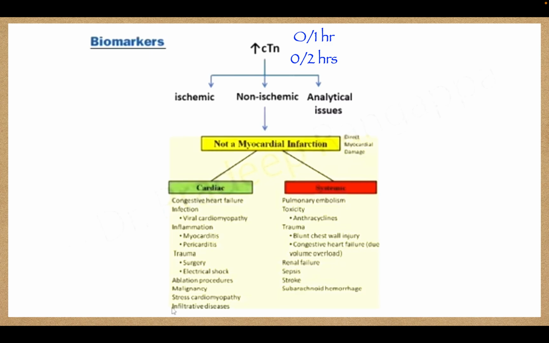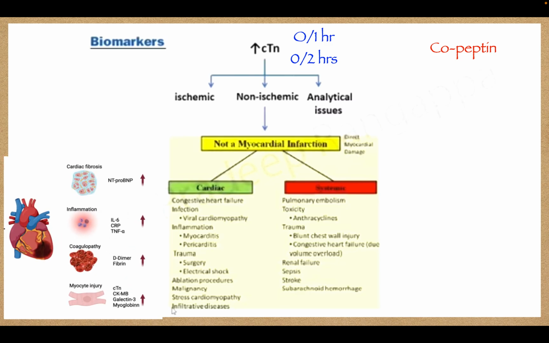Probably it holds true for any other medical condition that just one particular aspect of either investigation or diagnostic is not sufficient to diagnose a particular condition. There is another biomarker by the name of copeptin, which is coming up as a diagnostic modality for acute myocardial infarction.